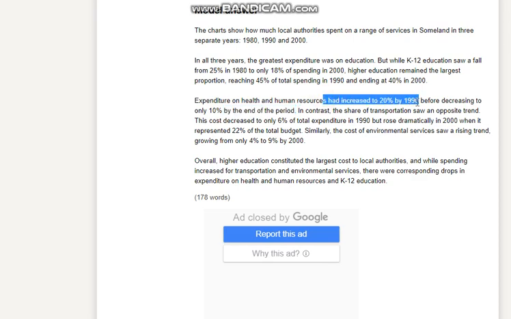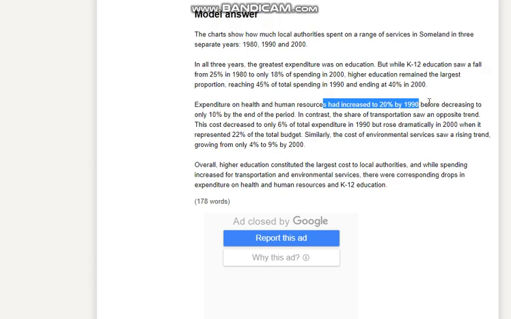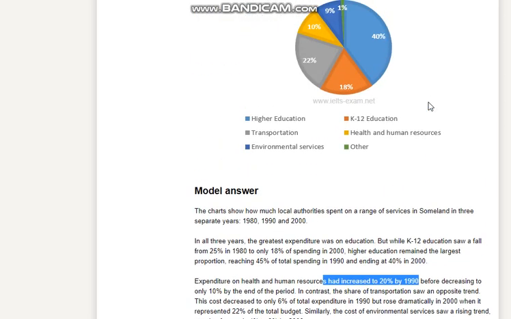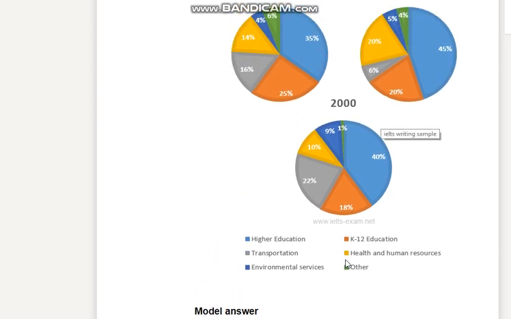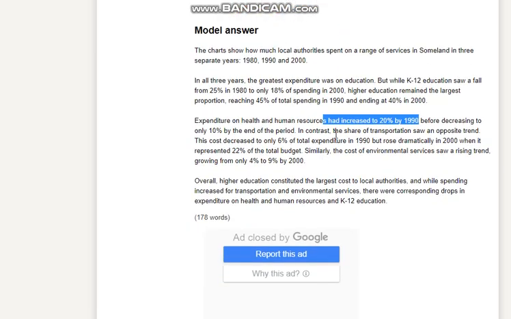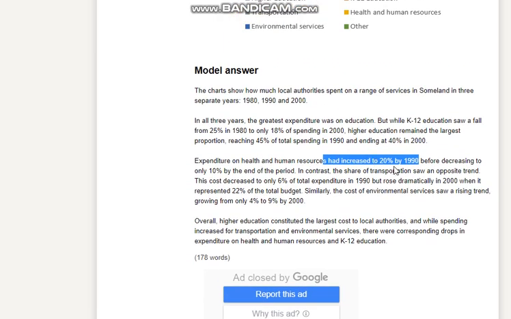Had increased to 20%. Let's look at health. Health, 20%, 10%. Had increased to 20% by 1990 before decreasing to only 10% by the end of the period.